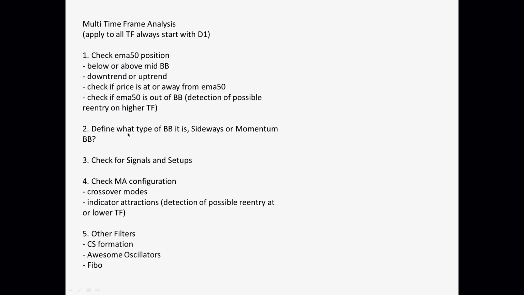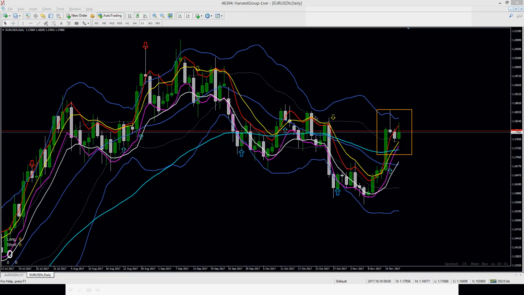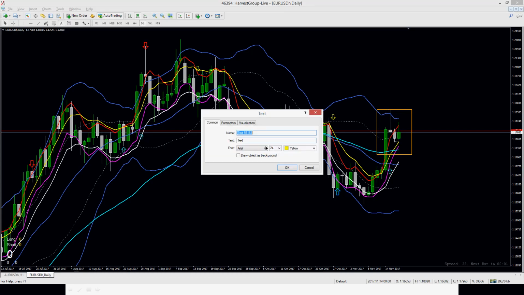Okay, so let's look at the next one. We need to define what particular Bollinger Band it is. Is it sideways or momentum BB? Looking at this Bollinger Band, you know that this is a sideways Bollinger Band, so you know that it's extreme B over here.